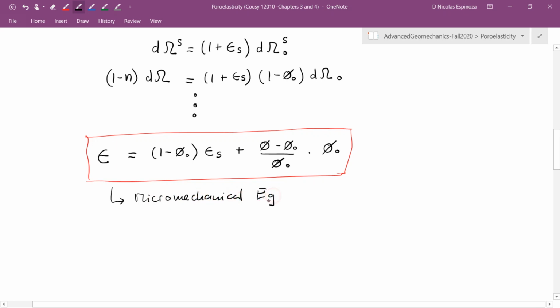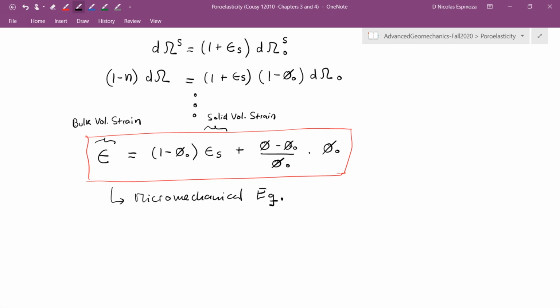And this is, as I was telling you, the micromechanical equation that links the bulk strain. Let me write that over here. This term over here is the bulk volumetric strain of the entire porous medium. Over here I have the solid volumetric strain, and here I have the porosity strain.